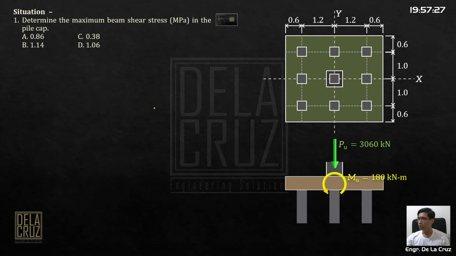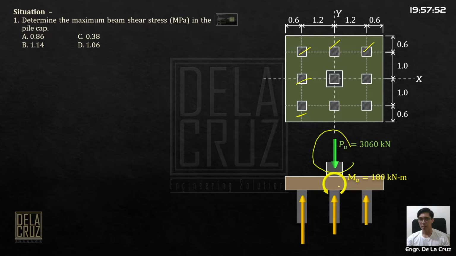Alright. So, yung reactions dito, since meron tayong moment, pinupush ng moment yung ating pile on that side. Ito yung pinakamalaking reaction. Ito naman, hinihila. Means liliit yung reactions dito. At the center, at the neutral axis, that's just force over the number of piles.